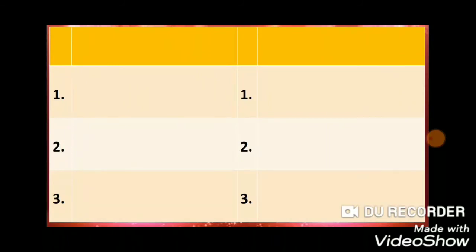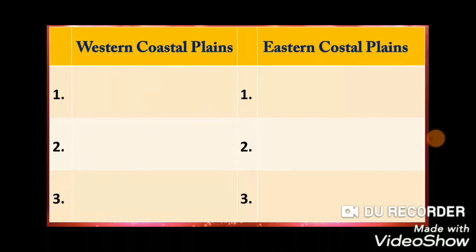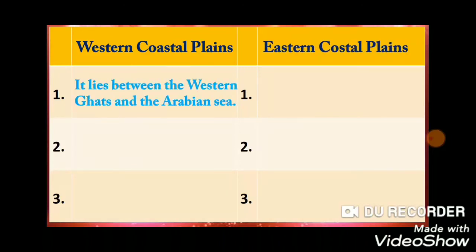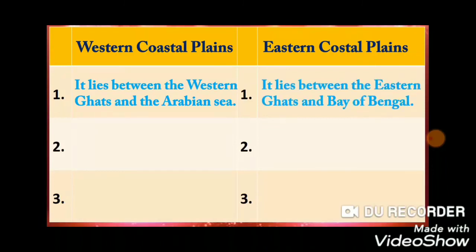Now we can learn this in the distinguishing table. Western coastal plains, eastern coastal plains. It lies between the Western Ghats and the Arabian Sea. It lies between the Eastern Ghats and Bay of Bengal.